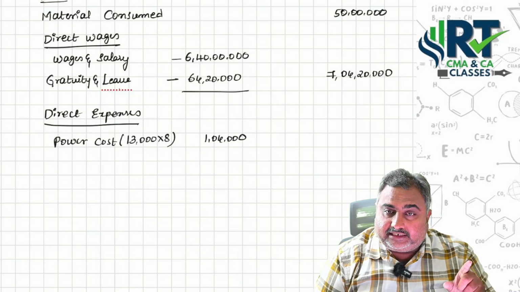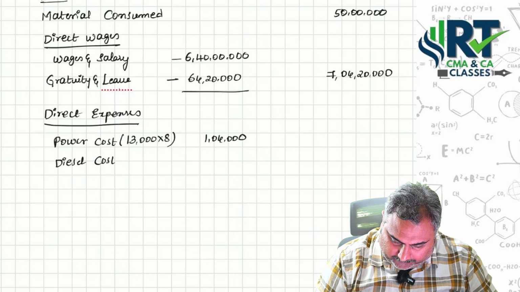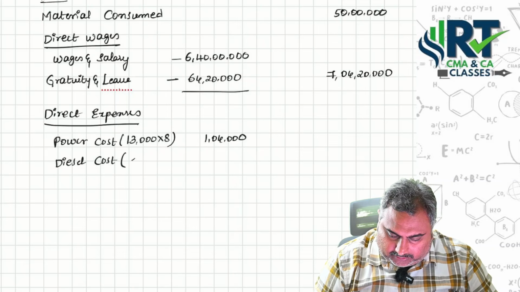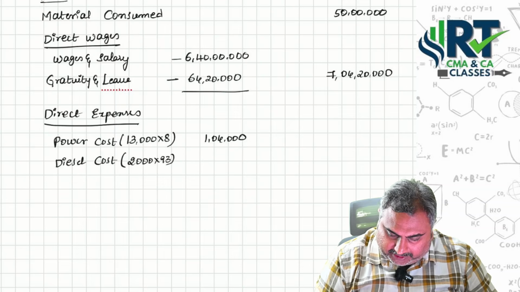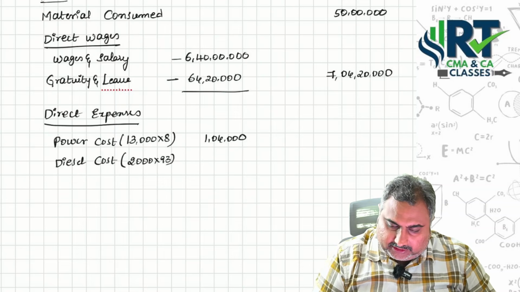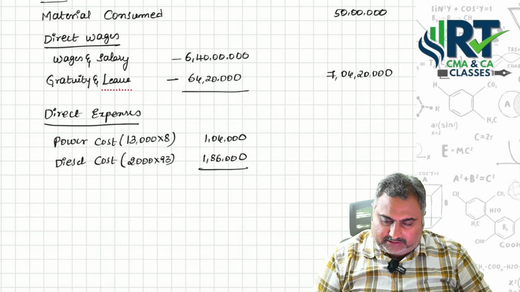Next, diesel cost is also given in the question. That is 2000 liters into 93 rupees, that is equal to 1,86,000. Totally, this is 2,90,000.